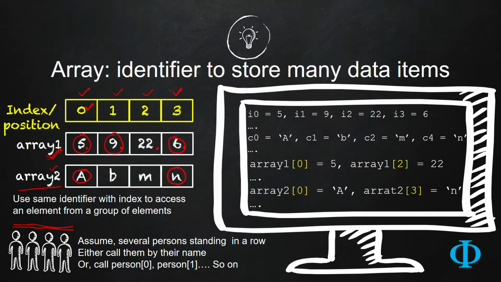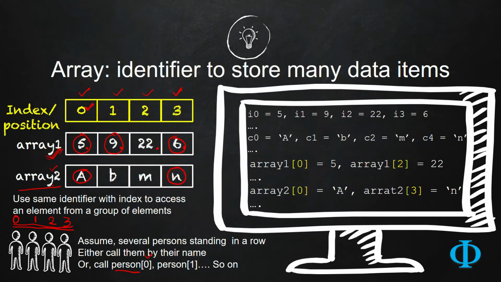But the other clever way of doing the thing is to identify all of them as person, and then use a small index like 0, 1, 2, 3 to identify each of them. For example, this one is person 0, this one is person 1, the next one is person 2, the next one is person 3, in this way.